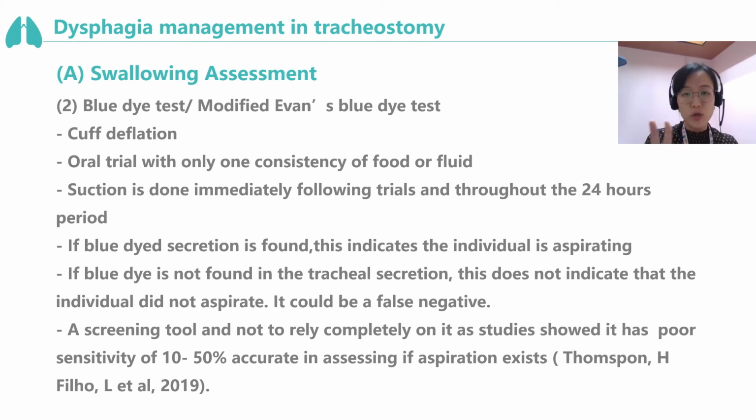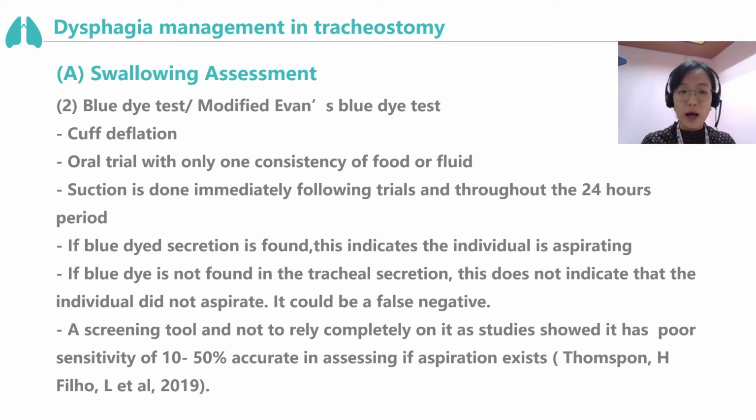If we give two consistencies of liquid at the same time, we cannot find which consistency the patient is aspirating. So we always use one consistency of fluid only, and suction is done immediately following trials and throughout the 24 hour period.